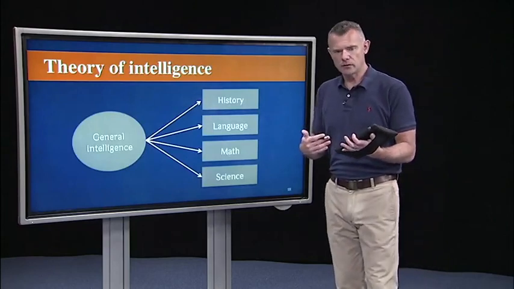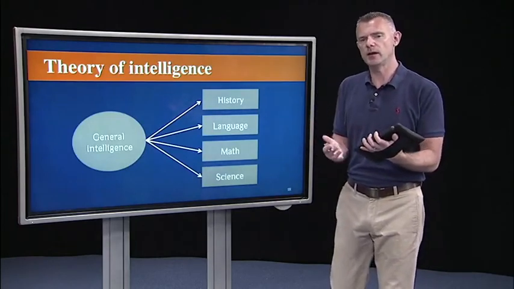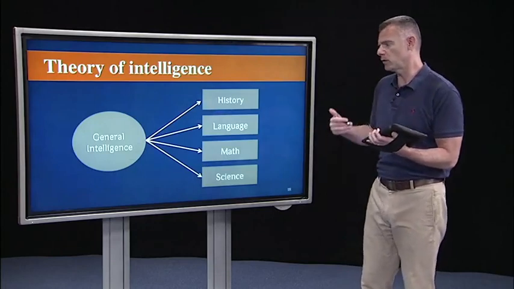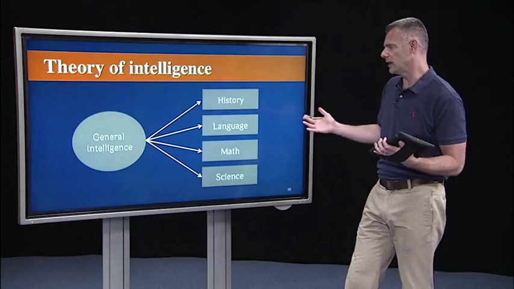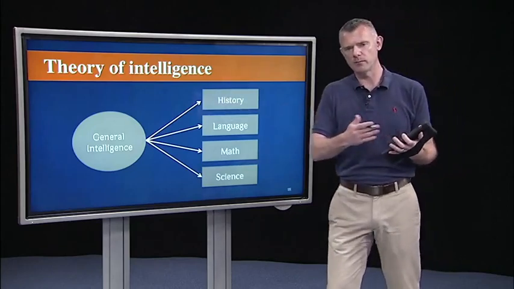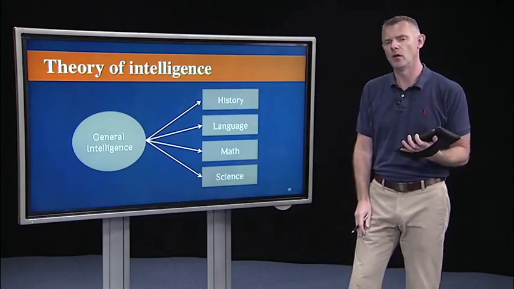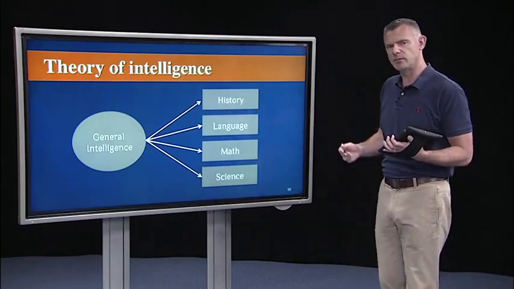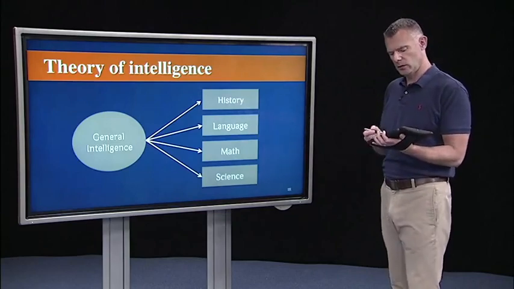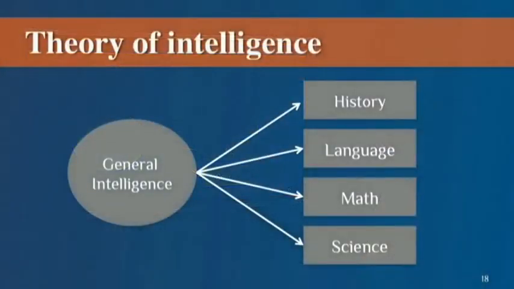So that led to the first sort of idea or theory of intelligence proposed by Charles Spearman in 1904, that there was some sort of general intelligence that must account for this positive correlation across all sorts of tests or all sorts of types of material in school. So if we looked at kids' grades in history, in a language class, in a math class, in a science class, they all tend to show that positive correlation.